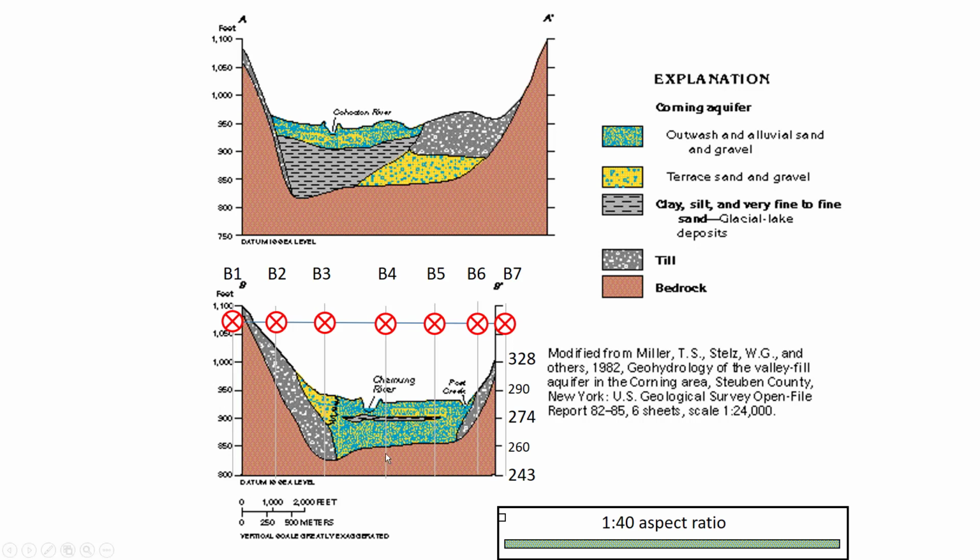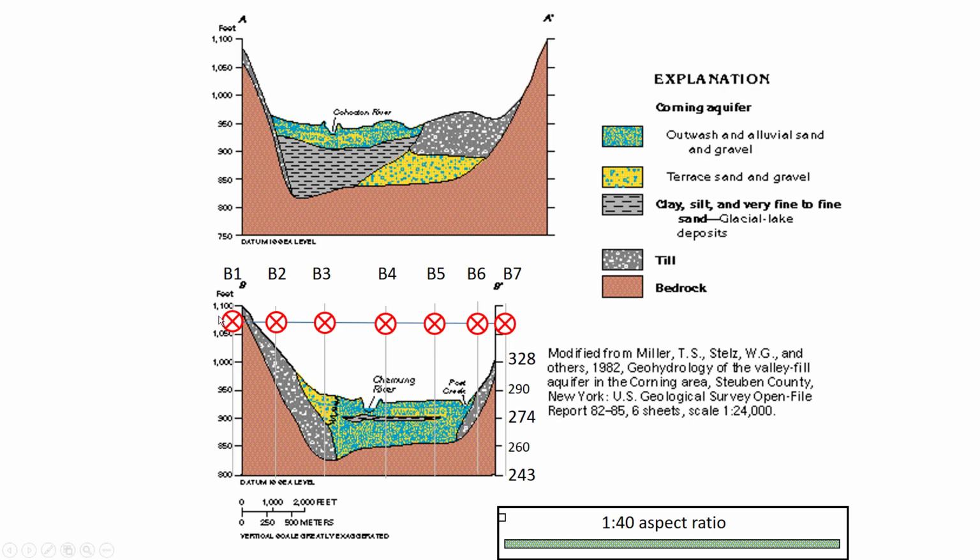If we take this cross section and imagine what would happen if we were to drill holes along these gray lines. These gray lines and the circles with the X's are things that I drew in on top of the cross section that was already given.